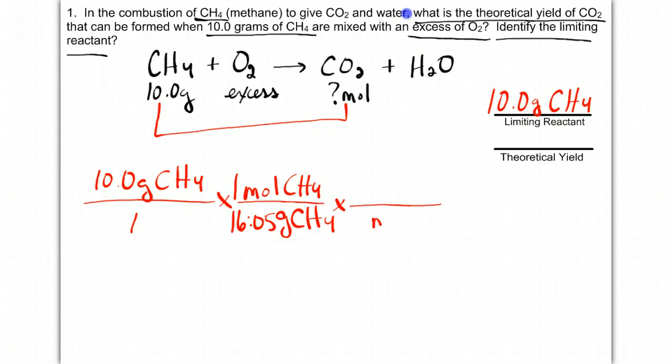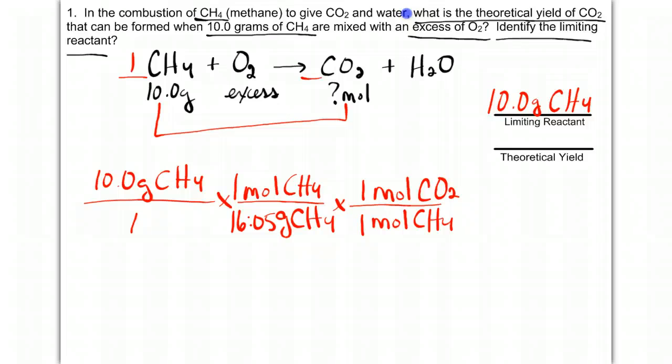Times, draw a line, bring down mole. Remember, our goal is to get to mole so that we can do a mole-to-mole ratio between CH4 and CO2. So I want to go from moles of CH4 to moles of carbon dioxide. And so the ratio here is a 1-to-1 ratio. That's coming from here and here. This is 1-to-1.